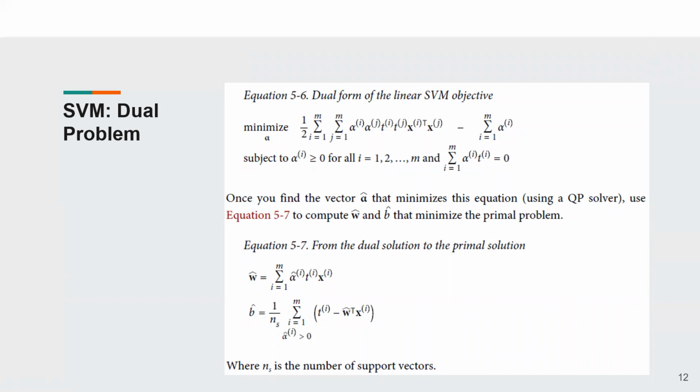If you don't know what a dual problem is, all you need to know is that in optimization there is a primal problem and a dual problem, they are equivalent, and sometimes it's easier to solve the primal problem, sometimes it's easier to solve the dual problem. In this quadratic programming problem that we are dealing with in the support vector machine context, the dual problem is much easier to solve.